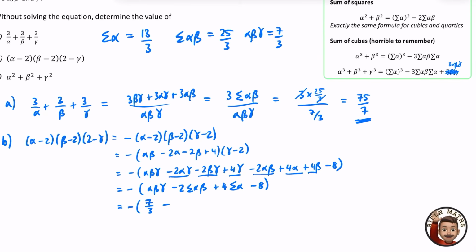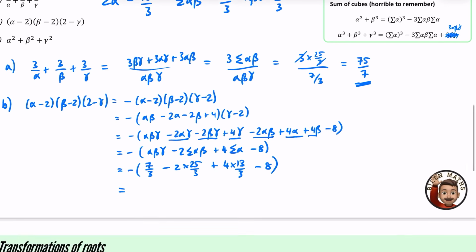We then have minus 2 times 25 over 3 plus 4 times 13 over 3 minus 8. Let's get it all in the calculator and hope that we've not made any crazy mistakes. So that's 7 thirds minus 50 thirds plus 52 thirds minus 8. Make sure I negate the answer, and we get that it is equal to 5, okay?